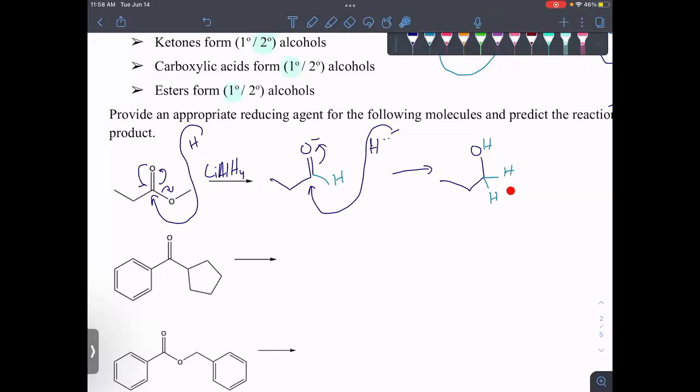From these hydrogens down here that are attached to the carbonyl carbon, the very first hydrogen was used to kick off the OR leaving group. And then the very second hydrogen was used to get rid of the double bond between the carbon and oxygen.